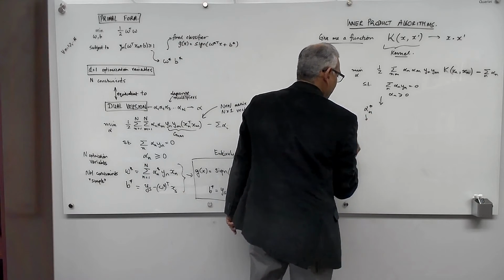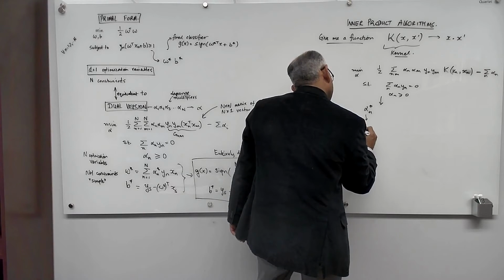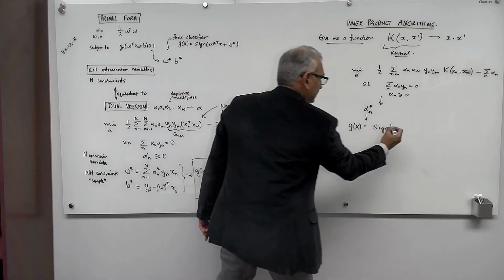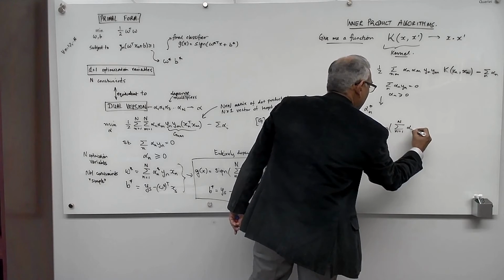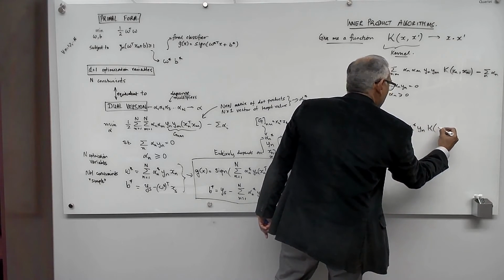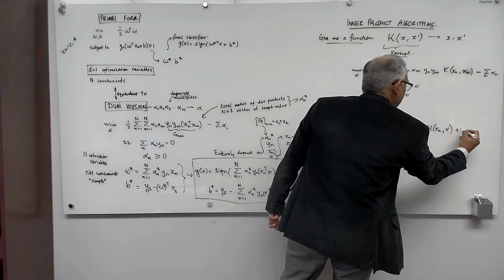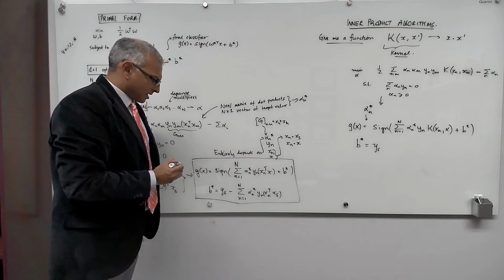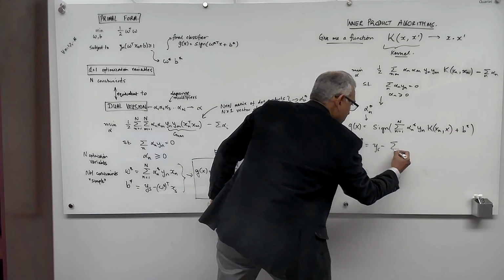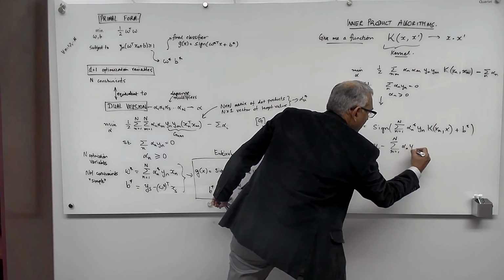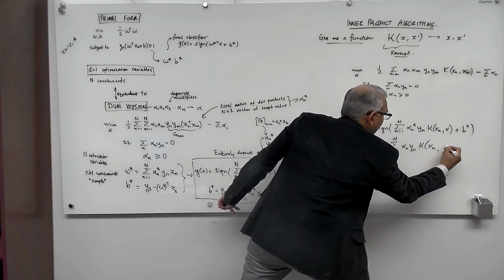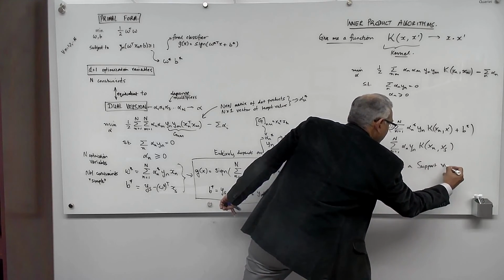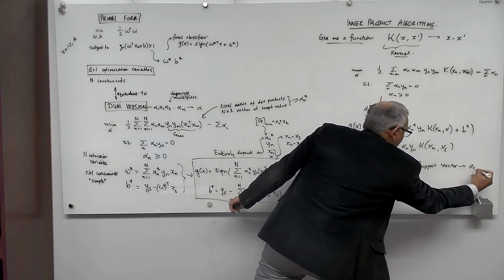Once I have alpha n star, my final hypothesis g of x is equal to the sign of the sum over n, big N, of alpha n star, yn, times the kernel of xn and x, plus b star, where b star is just equal to ys minus the sum from n equals 1 to big N of alpha n, yn, times the kernel of xn and xs, where xs is a support vector, which means alpha s is bigger than 0.